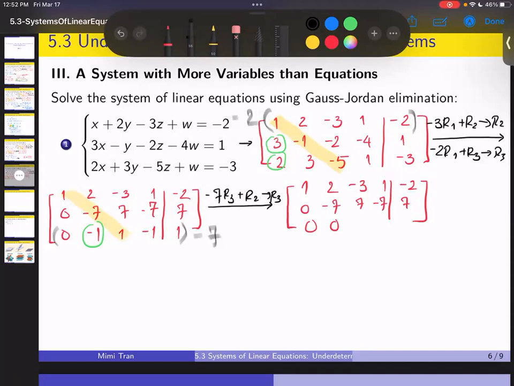Negative 7 times 0 is still 0. Add to 0 is still 0. Negative 7 times negative 1 is positive 7. Add to negative 7 is 0. Negative 7, 0. Positive 7. Add to negative 7, 0. And 0. Sorry, we have infinitely many zeros.